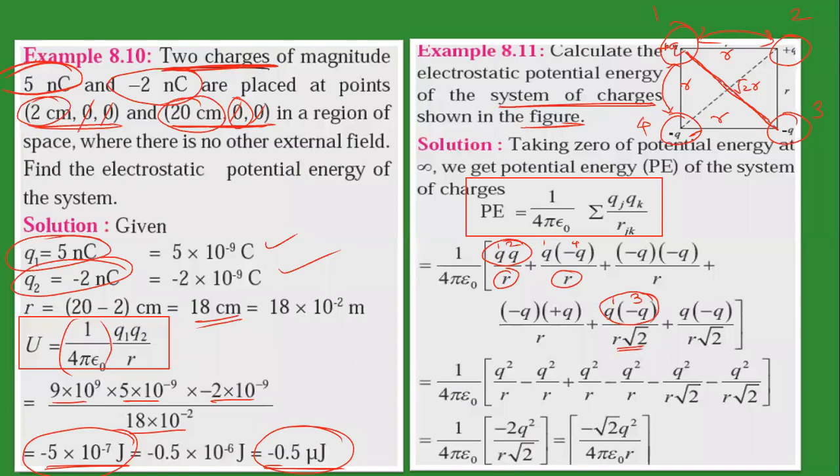So we consider 1 and 2, 1 and 3, 1 and 4. Now the next combination we can consider is 2 and 3.